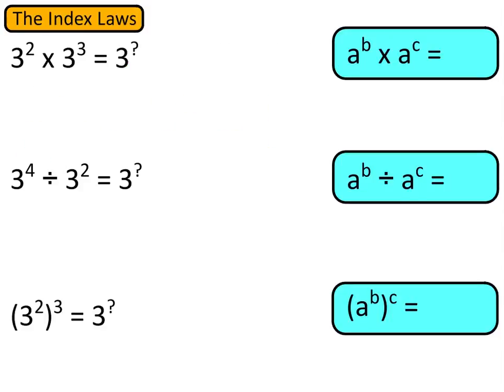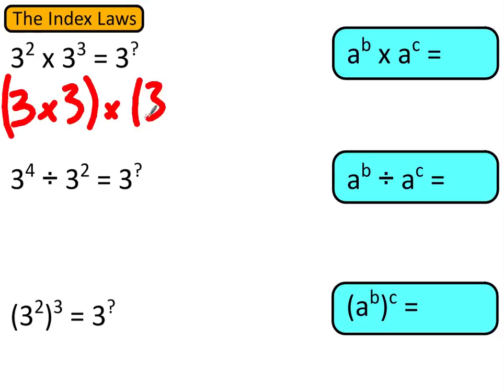Now, finally, on this video, we're going to look at some more advanced patterns and some more advanced calculation. There are 3 index or indice laws. So we should look at those and try and determine some results. Now, if you think about 3 to the 2 times 3 to the 3, let's think about that for a second. 3 times 3, well, that is 3 squared, and we're timesing that by 3 times 3 times 3.